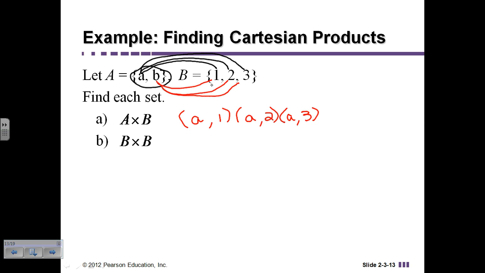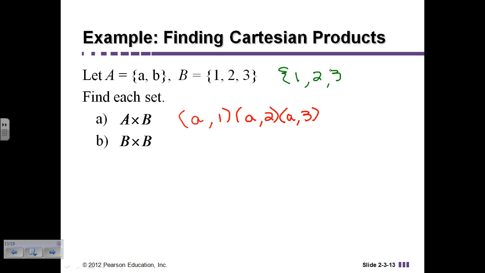And then for the next part of the question, we're going to match up all the values of B with all the values of B. So let's put up another set here. So here's B again. We're going to match all of the values of B with all the values of B. So we're going to do 1 with 1, 1 with 2, and then 1 with 3, and then we're going to match 2 with 1, 2 with 2, 2 with 3, and then we're going to do the same thing with the 3's.